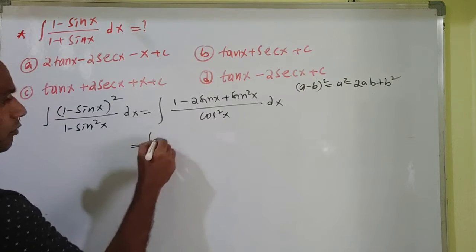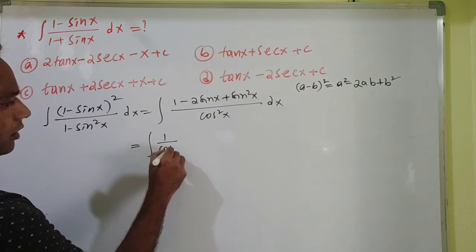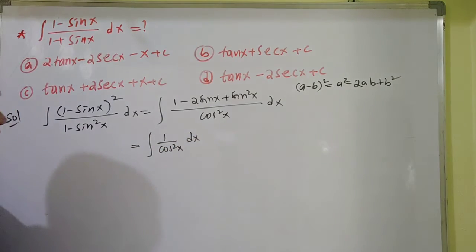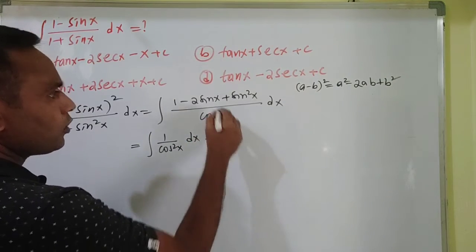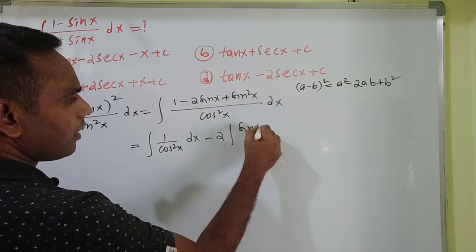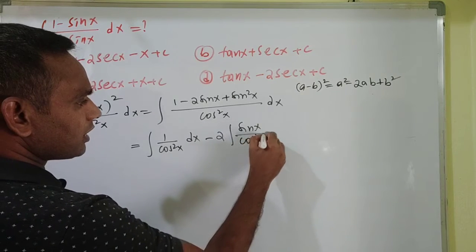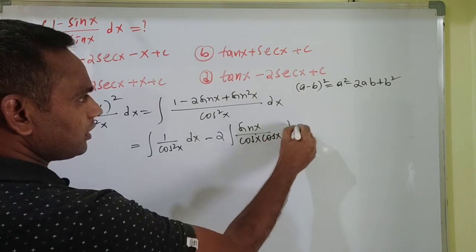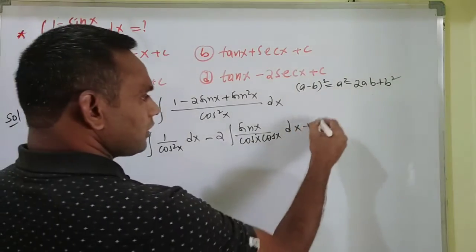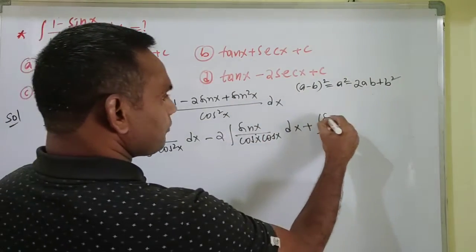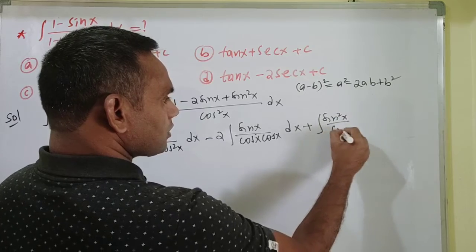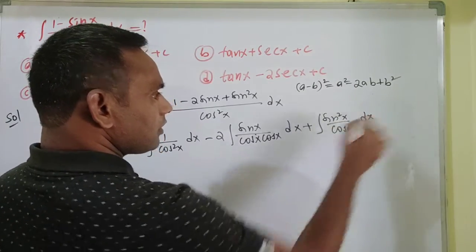Now split: 1 by cos square x dx, minus 2 sin x by cos square x, writing cos square x as cos x and cos x, dx, plus sin square x by cos square x dx.